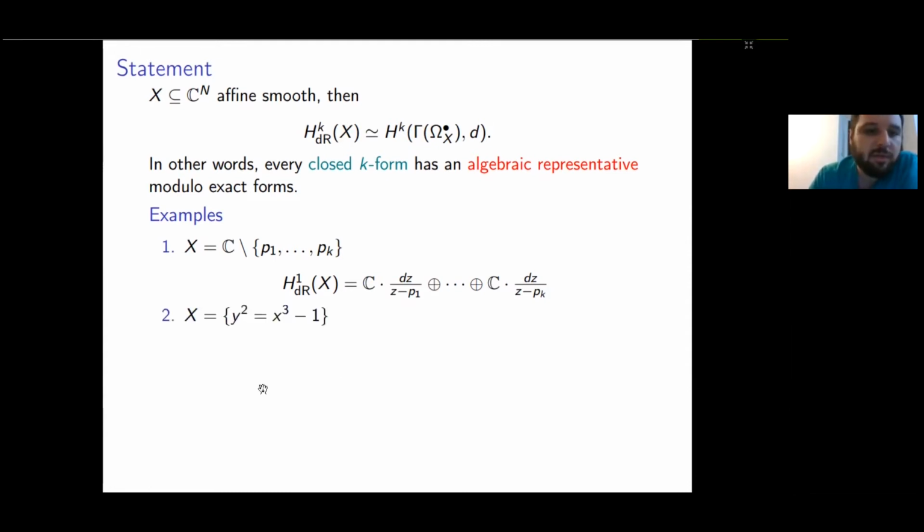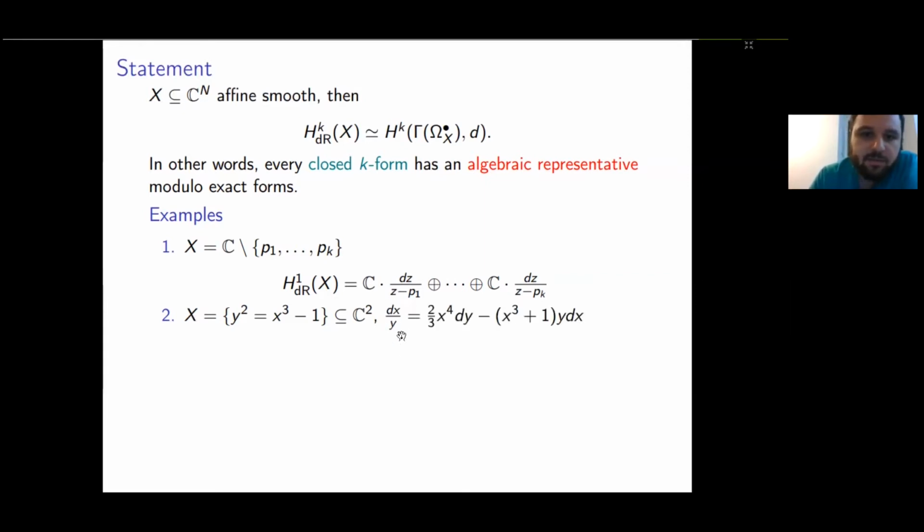Another example is the following. You can consider an affine curve or an affine variety. For instance, here I am taking an elliptic curve, and in order to find generators of the de Rham cohomology group of this elliptic curve, we will start by considering the following differential form, which is also well known for people who work with elliptic curves, known as the invariant differential. So dx over y is the invariant differential.